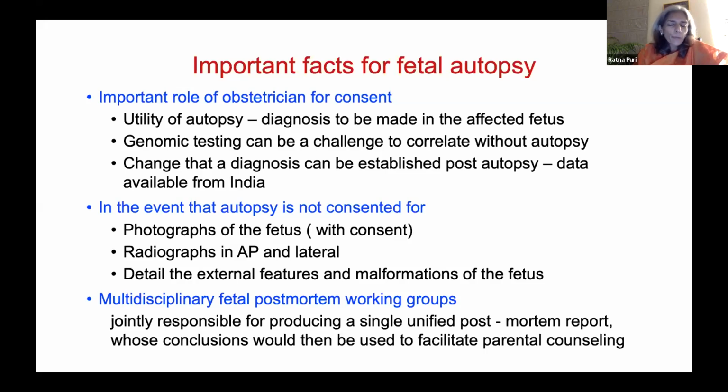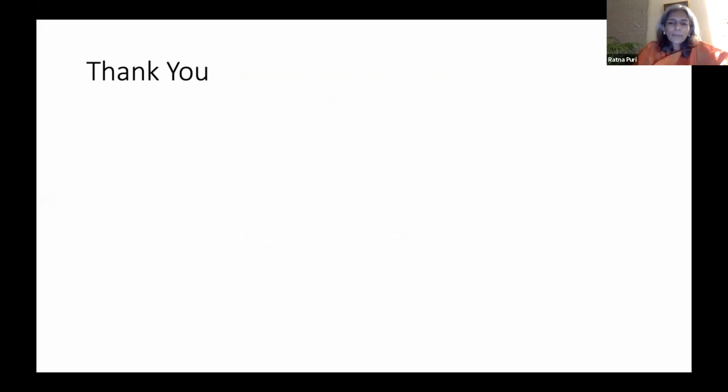And I think, though I've put it last, in my mind, it's the most important, that we need a multidisciplinary working group, even while we do fetal autopsies. We all work together, the histopathologist, the obstetrician, the radiologist, the fetal medicine specialist, and the geneticist, to try and give a diagnosis to the family to facilitate counseling. Thank you very much.